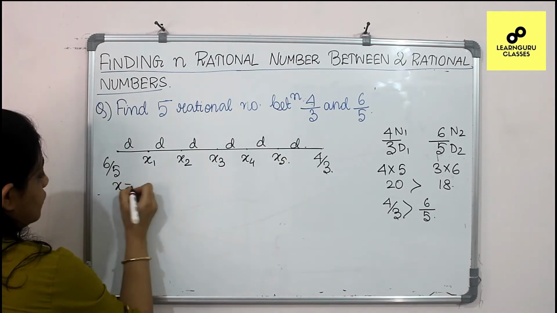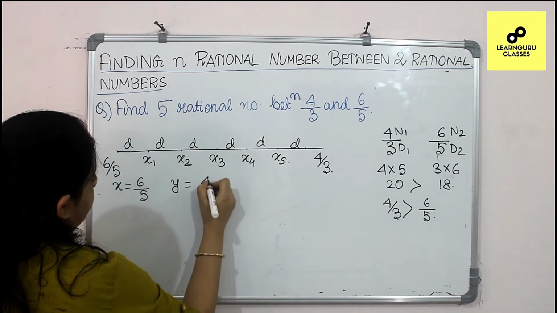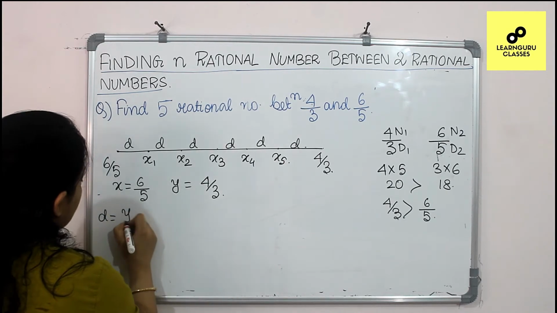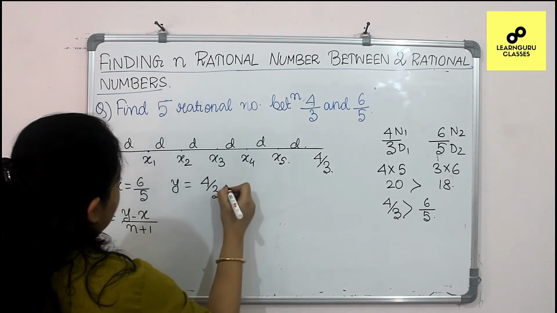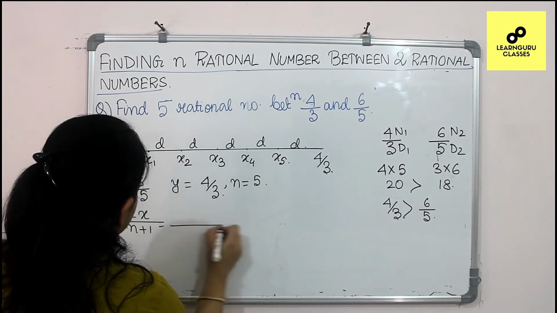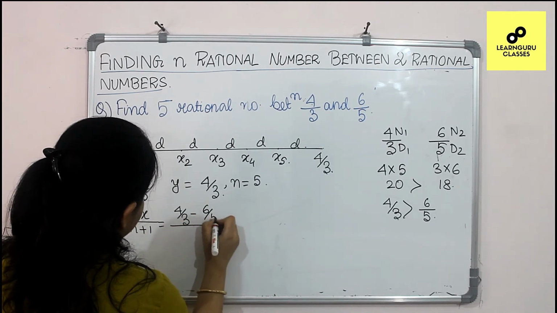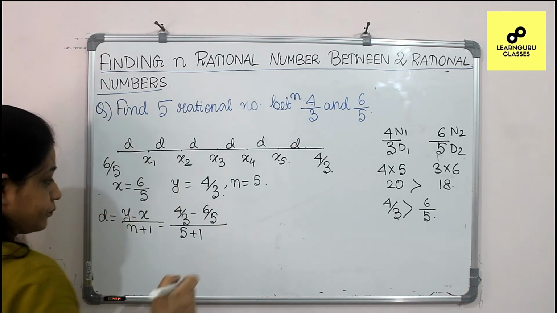So x equals 6 by 5 and y equals 4 by 3. So what is the value of d? d equals (y minus x) divided by (n plus 1), and the value of n is 5. So y is 4 by 3 minus 6 by 5, divided by 5 plus 1.